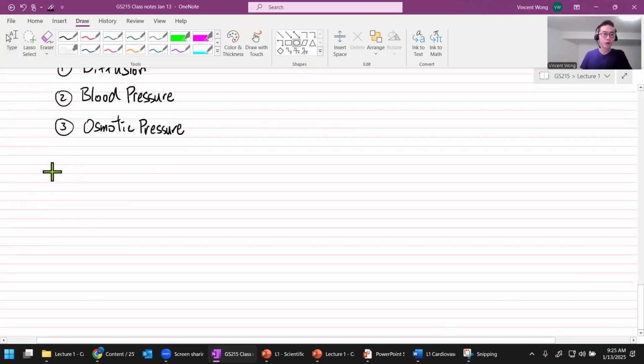Okay, let's do diffusion first. Number one, diffusion. As you know, diffusion is the movement of substance from high concentration to low concentration.